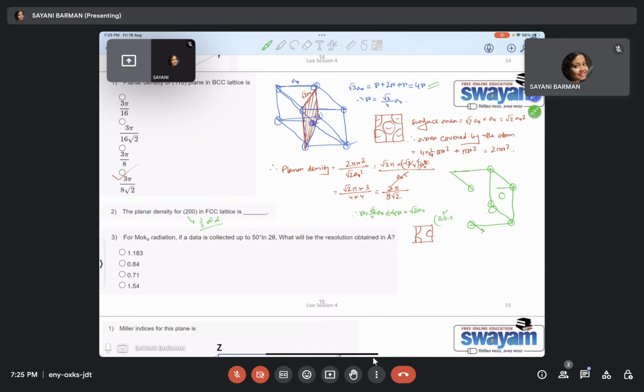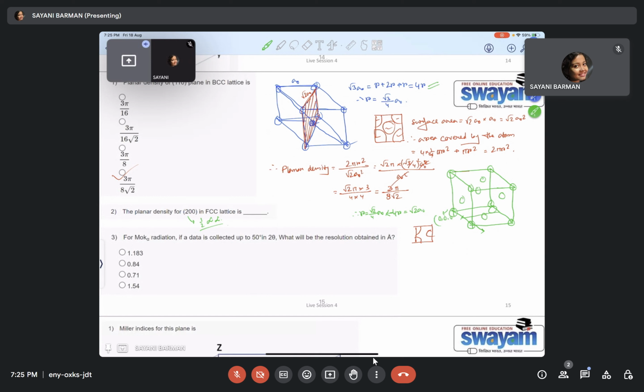So then, see. So the face centers here one, here one. So the 200 plane will be half along x here and parallel to y and z.